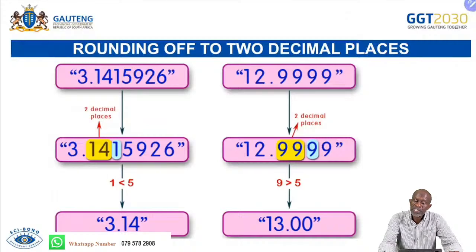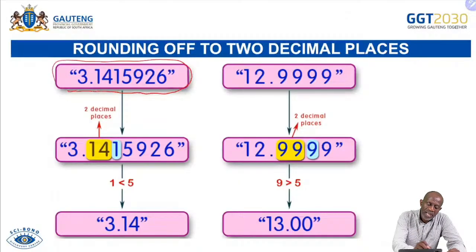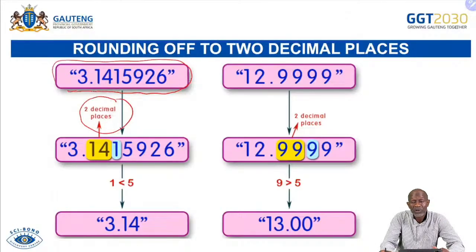Rounding off to 2 decimal places. As you use your calculators to convert these currencies, you'll come up with a long figure like this one, and that is not how money is expressed. You cannot have money with so many digits. So you are advised to round off to 2 decimal places after the comma.